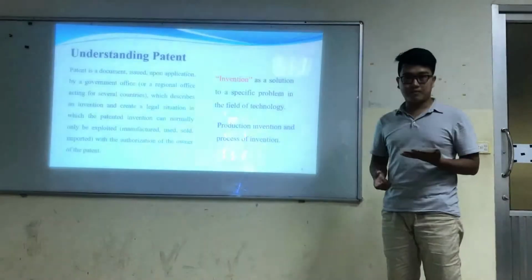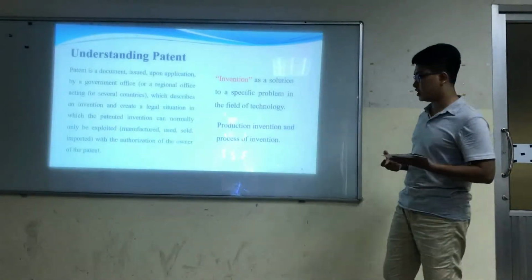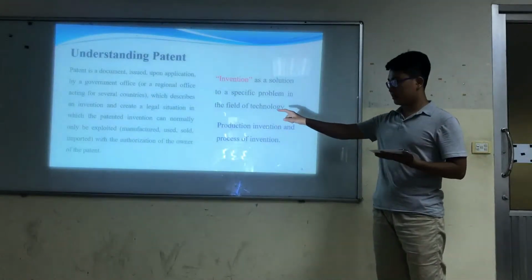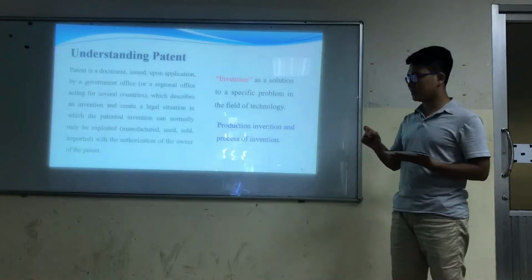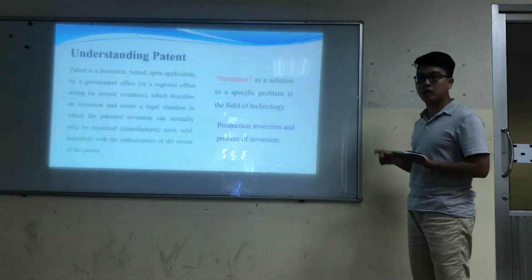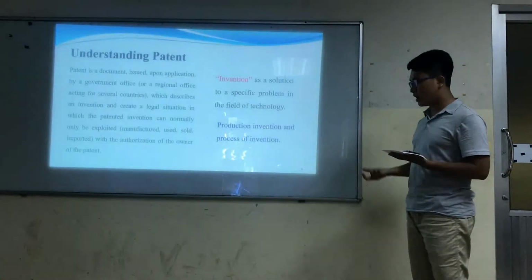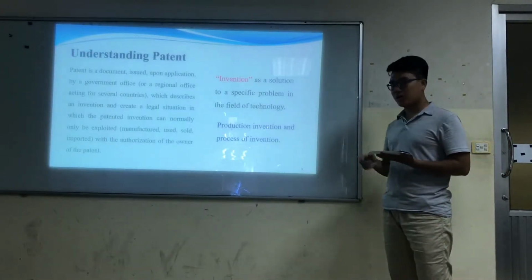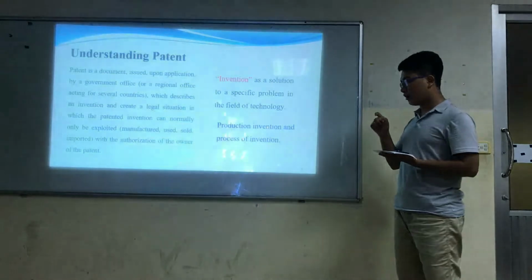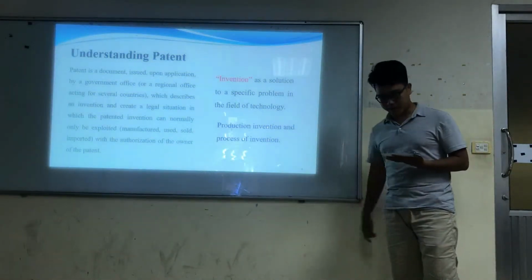It is provided only upon application, and it creates a legal situation in which the patented invention can only be exploited, manufactured, used, sold, or imported with the authorization of the owner of the patent.